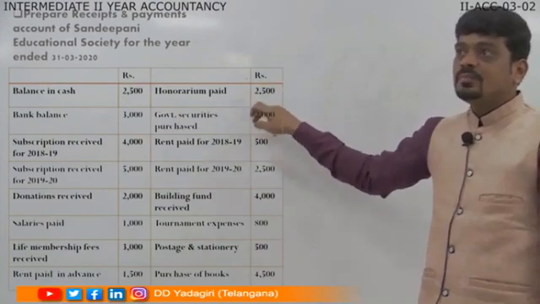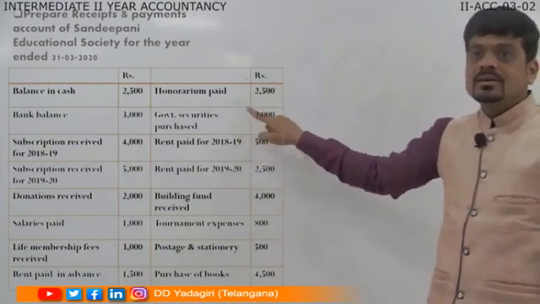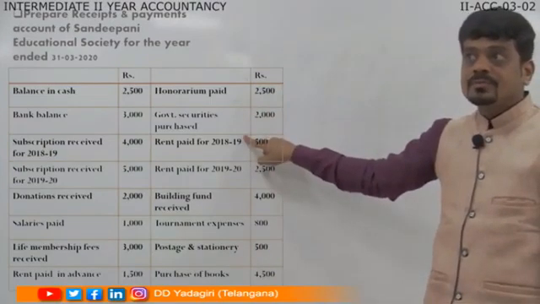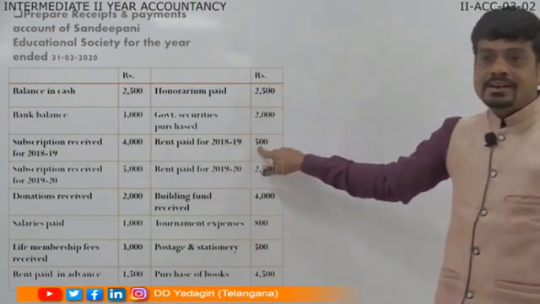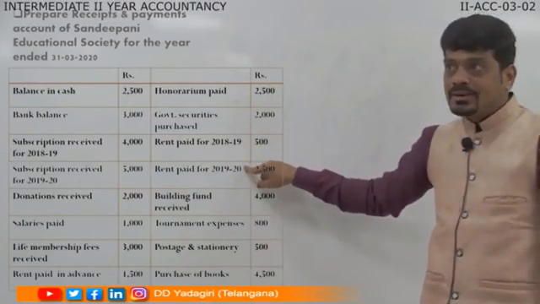Transactions, if you see, they gave you balance of cash, bank balance, subscription received for 18 and 19. Again, they gave subscription received for 19 and 20.